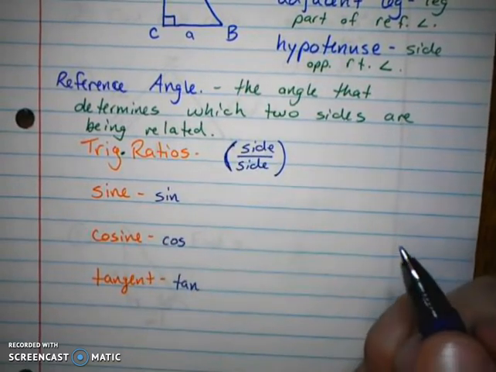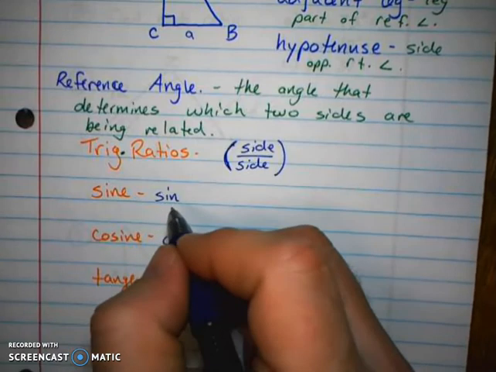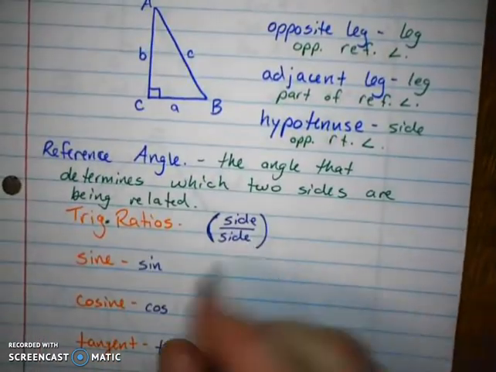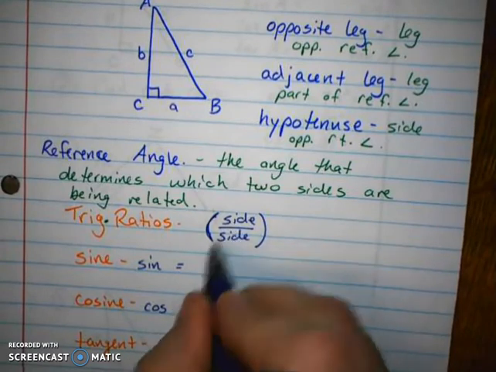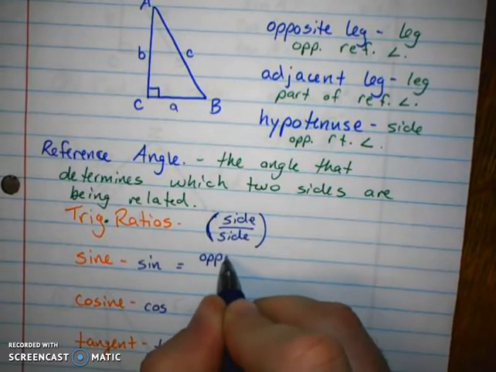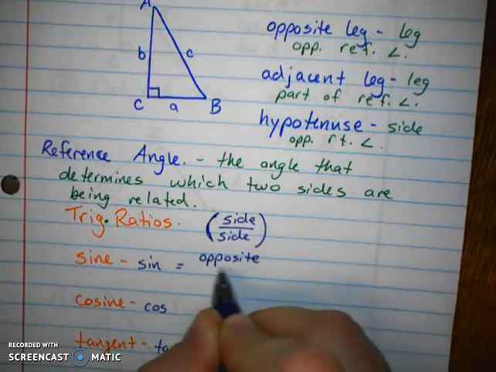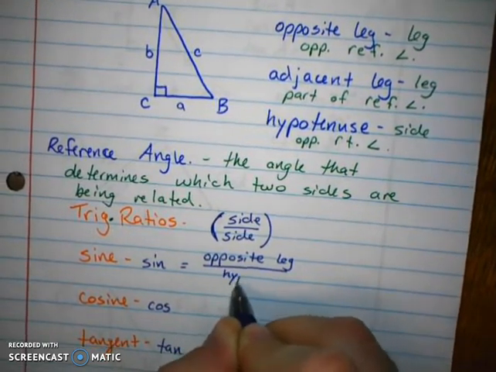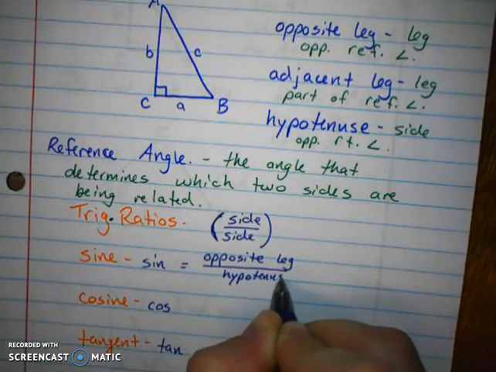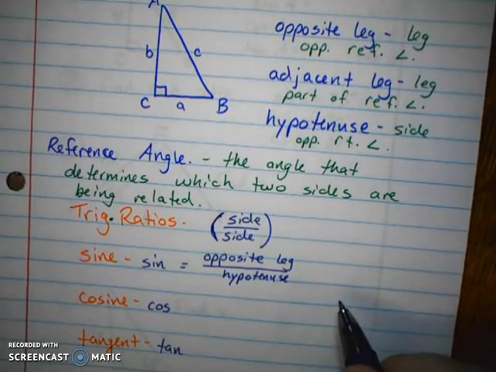Okay? The sine ratio, the specific sine ratio, is always the ratio of the opposite leg over the hypotenuse. Okay?